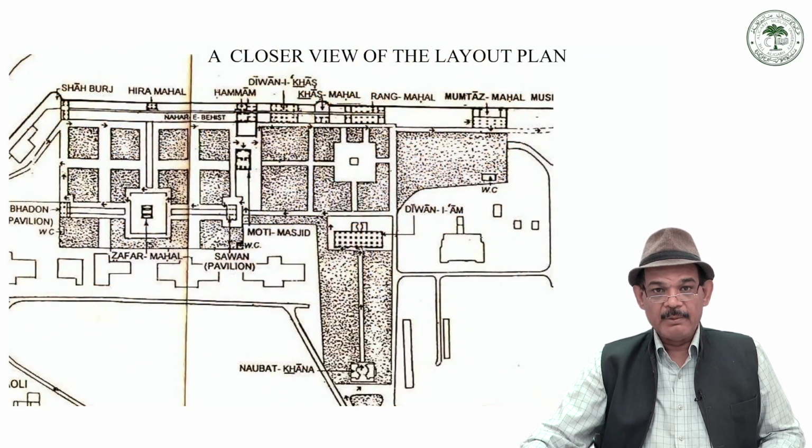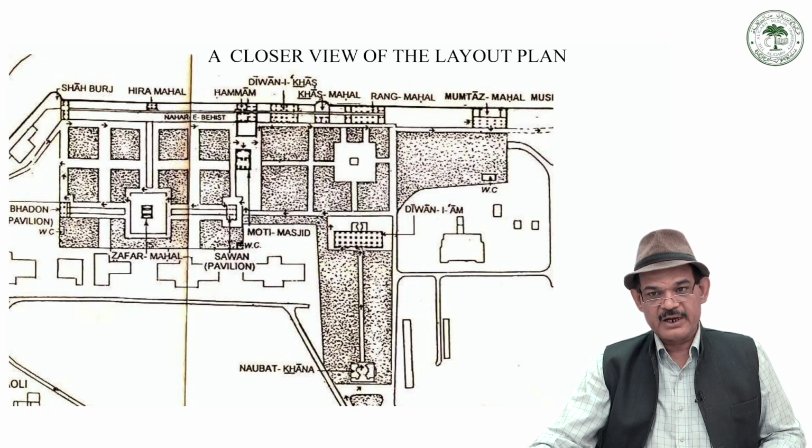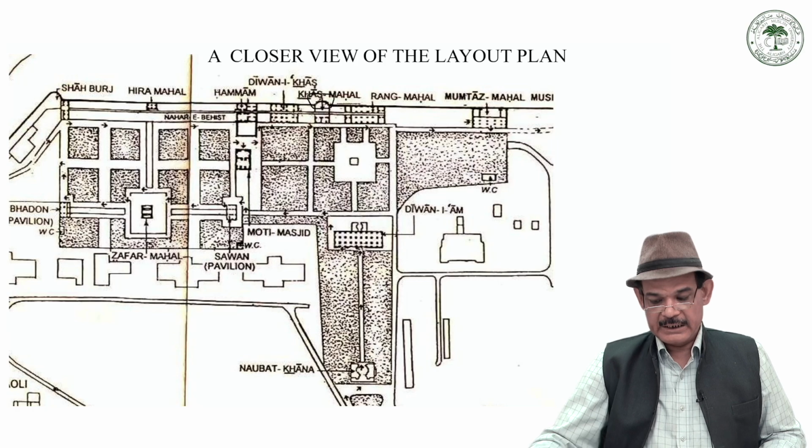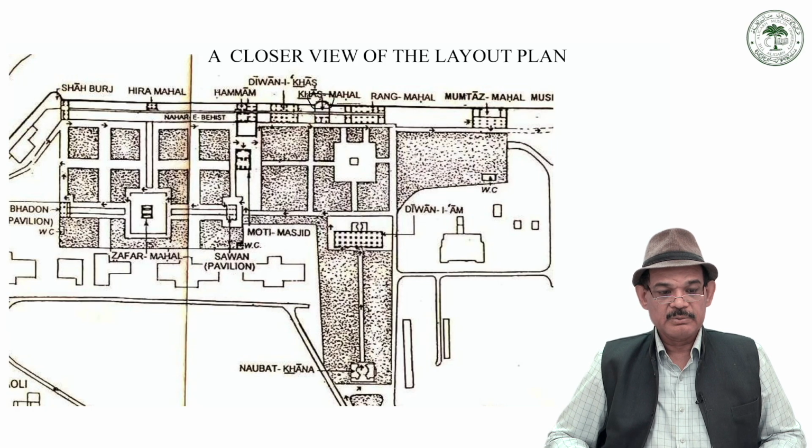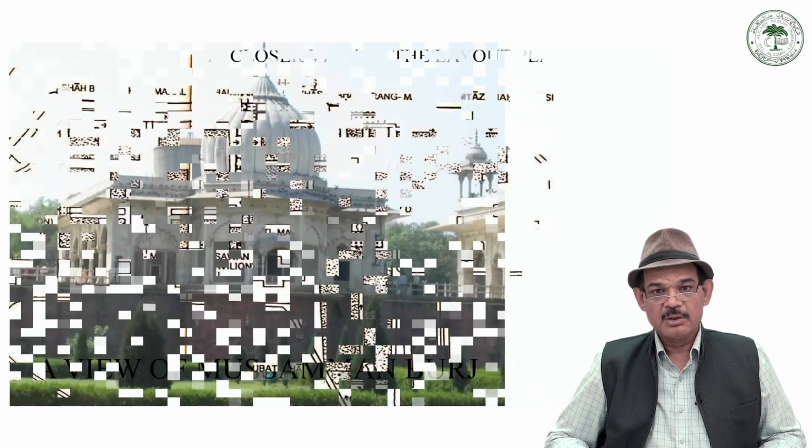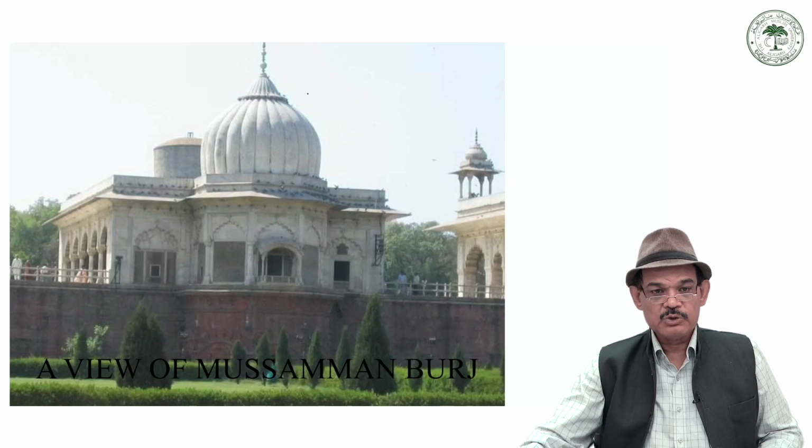And on the river side of this Khas Mahal, another structure projected towards the eastern side is the Musamman Burj. This is a Musamman Burj that is projecting towards the river side.